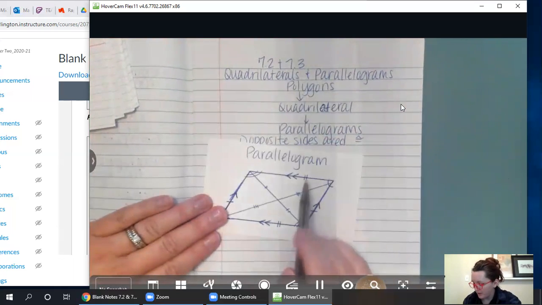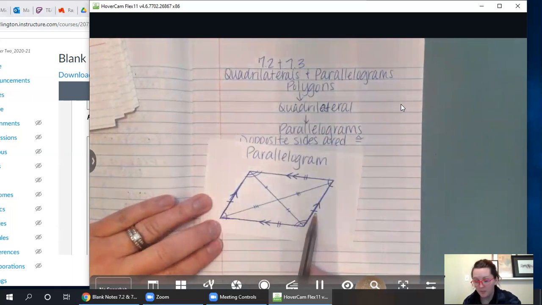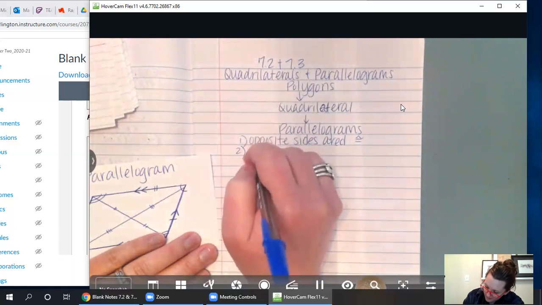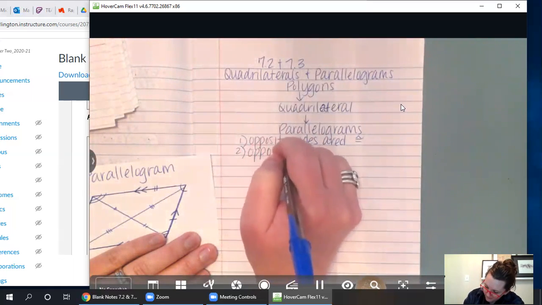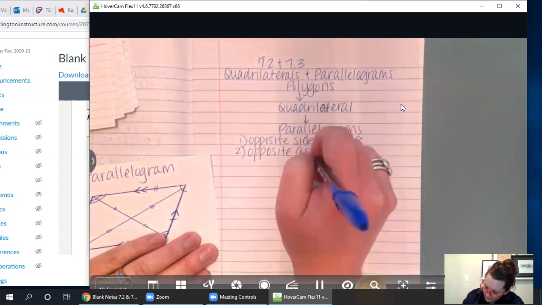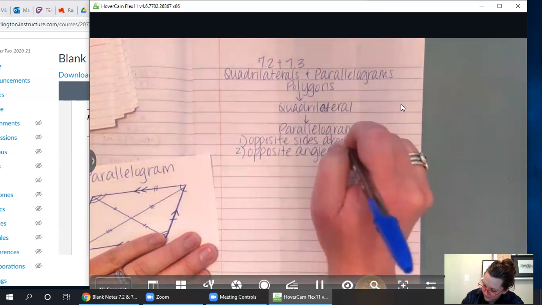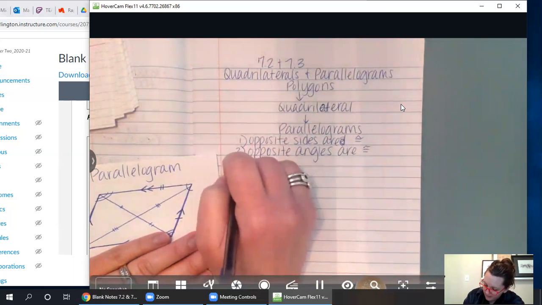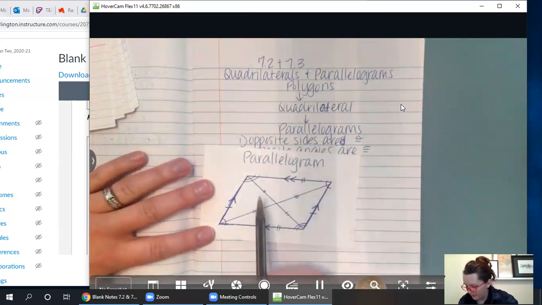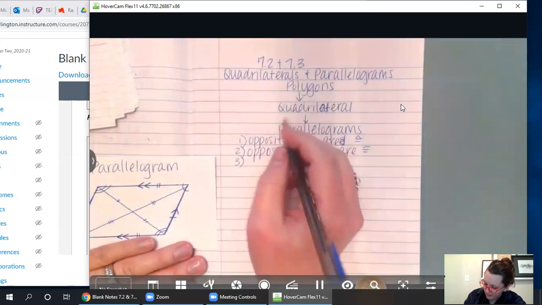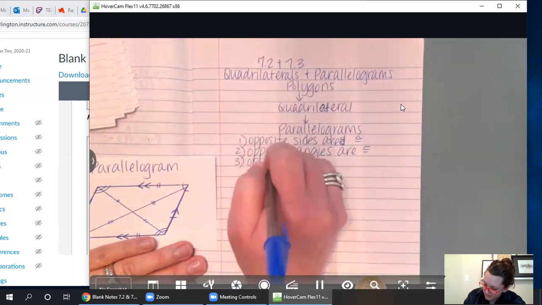So if you notice, I marked that with the tick marks here. So my opposite sides are congruent. Second is opposite angles are congruent. So if you notice, our opposite angles are congruent.